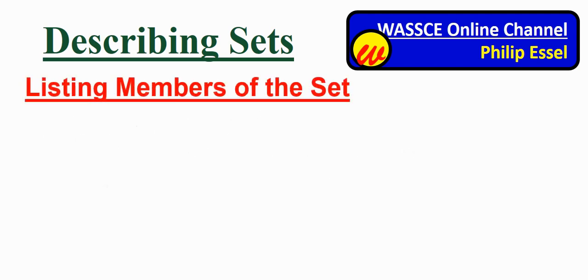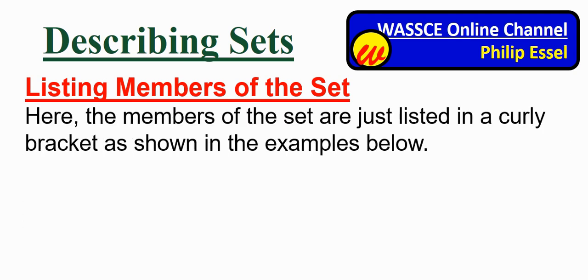We'll start by looking at how to describe sets by first looking at the listing of members method. In this method, the elements or the members of the set are just listed in a curly bracket. We'll be looking at a few examples.